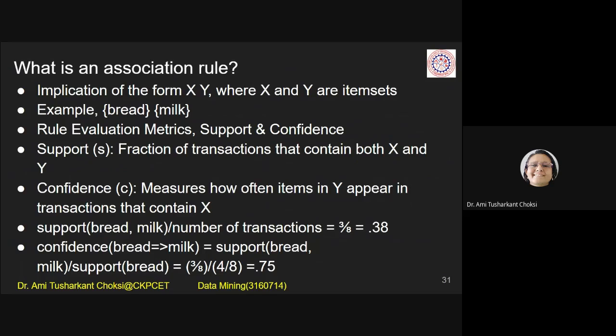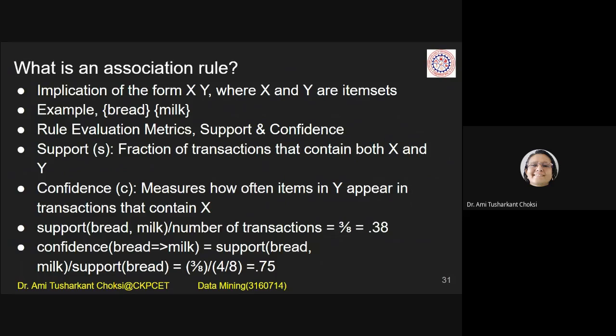What is an association rule? It is an implication of the form X to Y, where X and Y are item sets. For example, bread and milk. The rule would be bread implies milk.